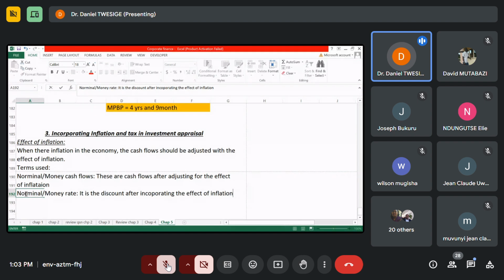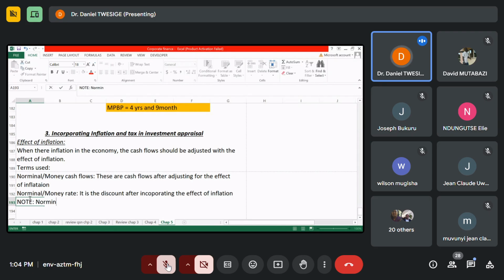After you have adjusted your discount rate with inflation, we call it a nominal rate or a money rate. So nominal cash flows should be discounted using the nominal rate. That's a simple note to make.